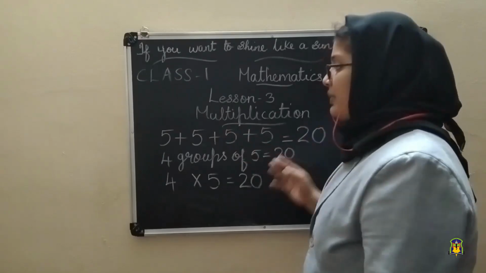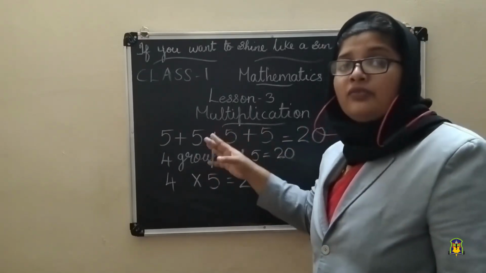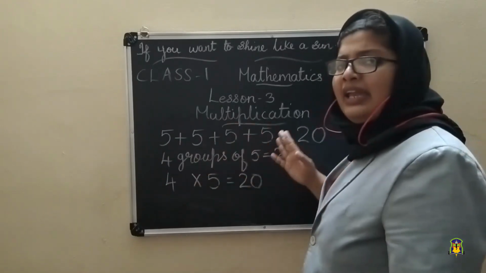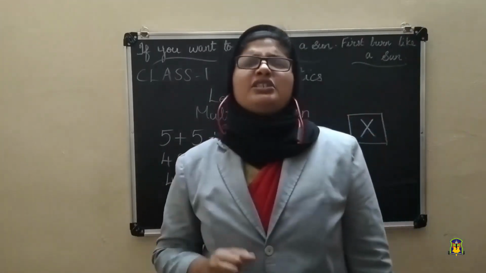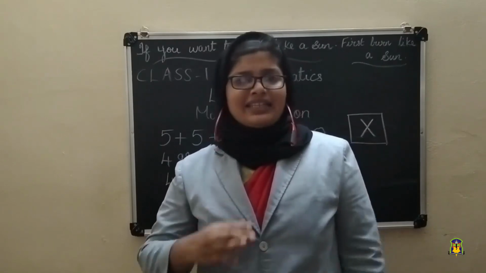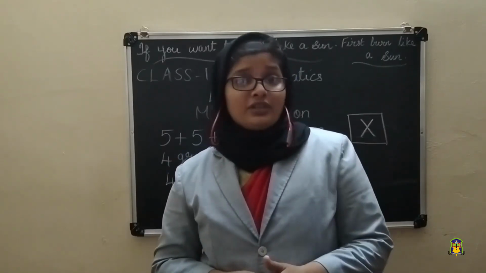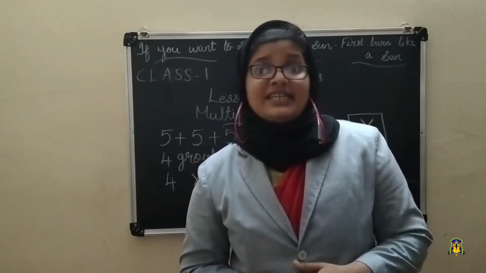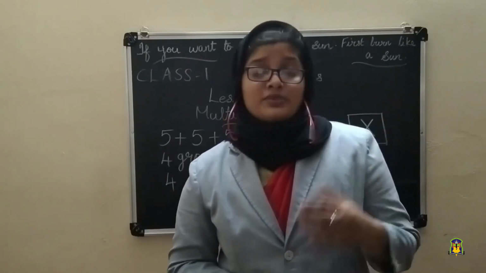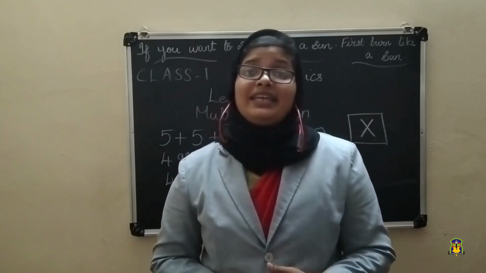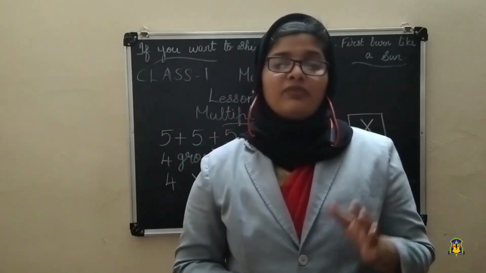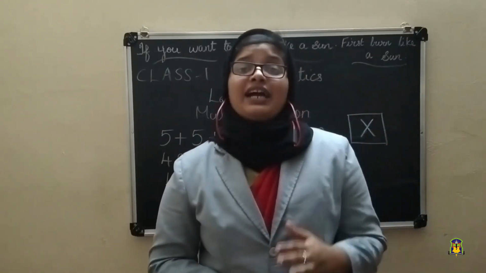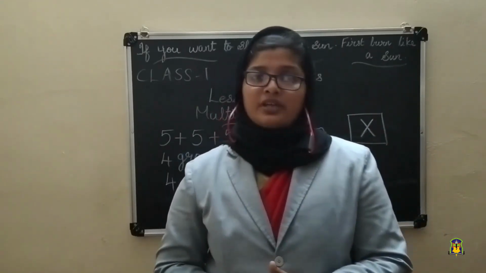If so many numbers are there and we have to find the total, we have to add again and again, which is too difficult. For making the calculation easy, we have to study the multiplication table.